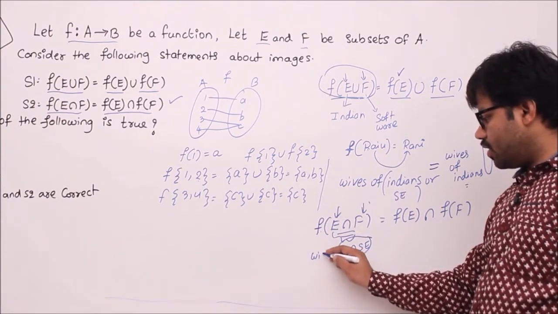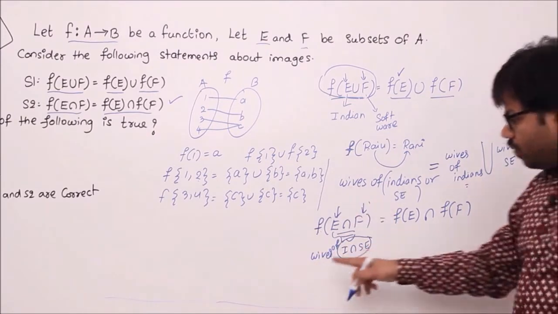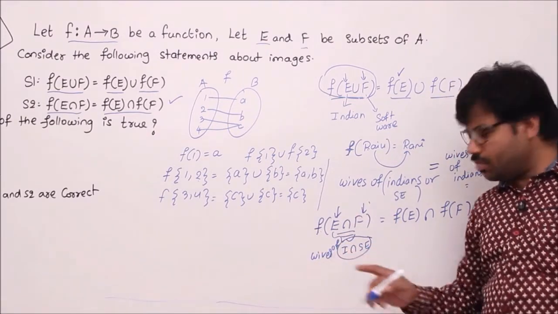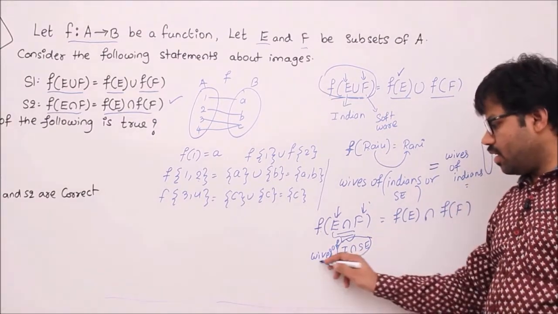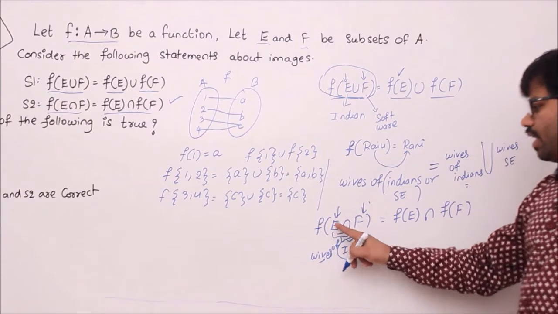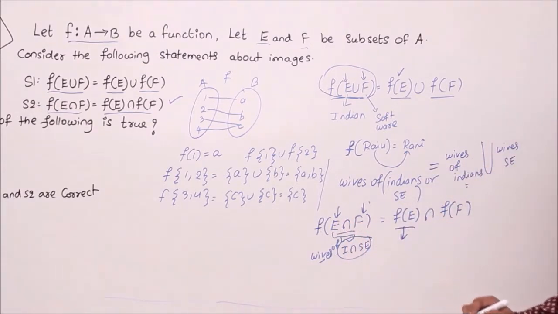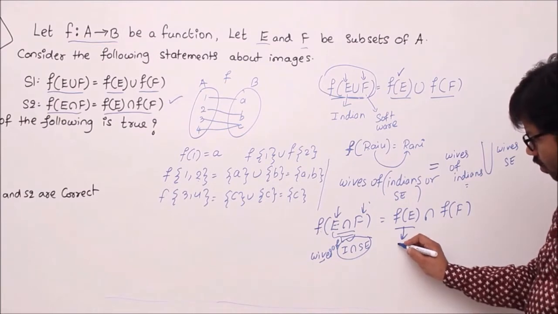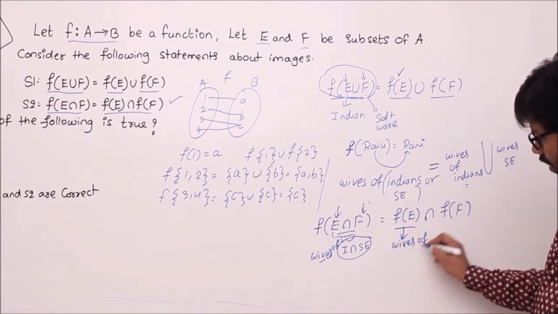We are applying the wife function, correct? So if I apply the image function, you get wives of these people, which people? Indian software engineers. Remember it. So finally it is wives of Indian software engineers. Let's come to this one, f of E. f of E is nothing but wives of Indians, isn't it? Wives of Indians.